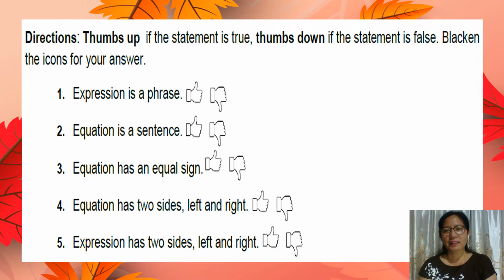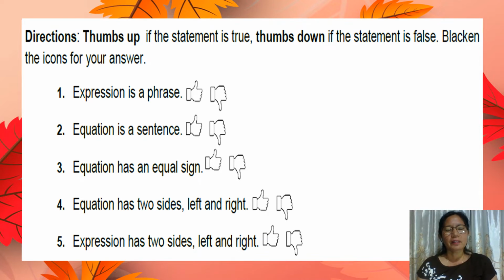Okay, for this activity, we're going to blacken the thumbs up icon if the statement is true and blacken the thumbs down icon if the statement is false. Number 1, expression is a phrase, so it is true. Number 2, equation is a sentence, so it is also true.